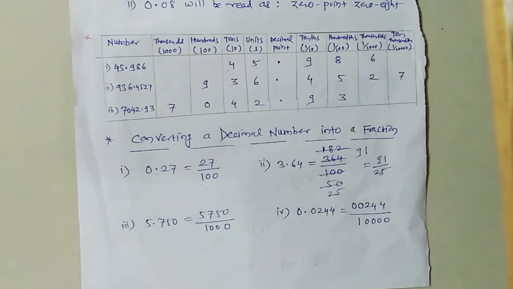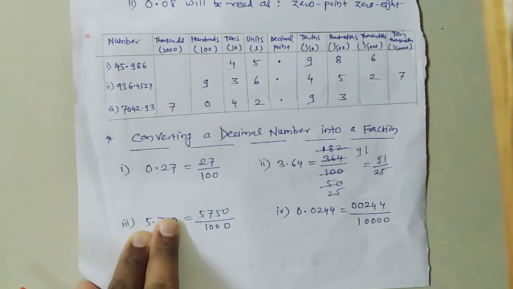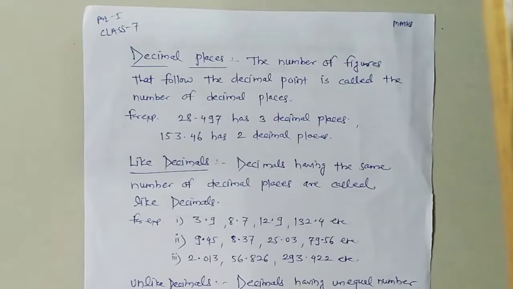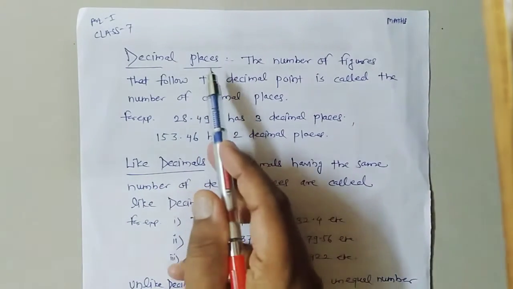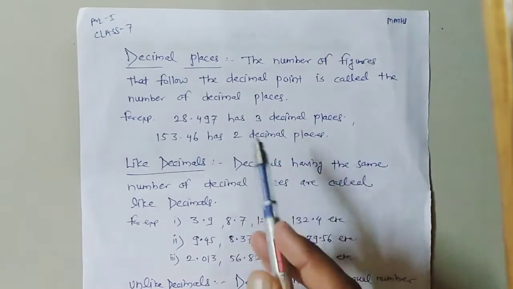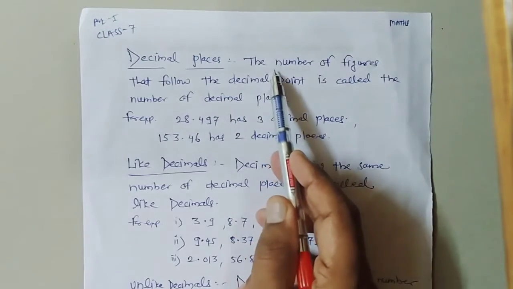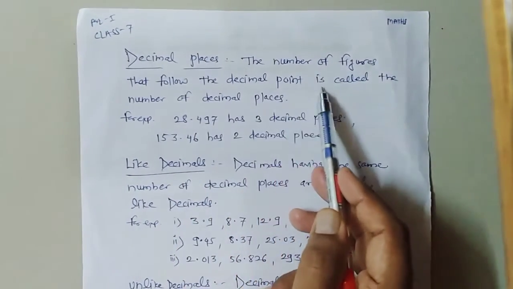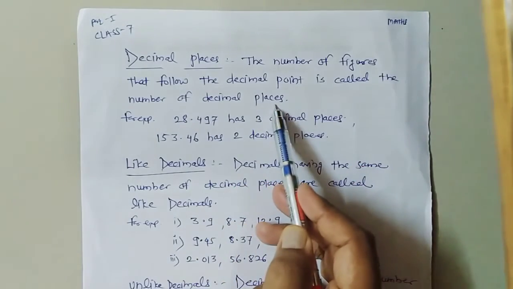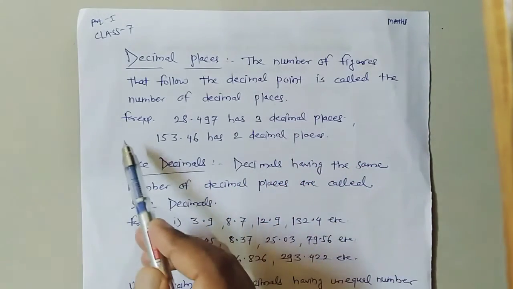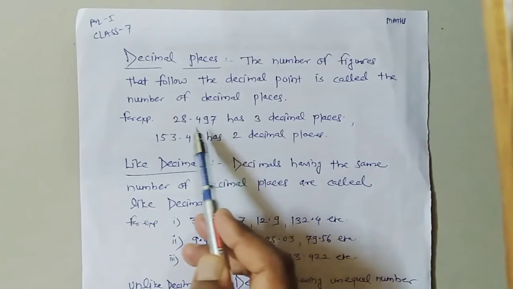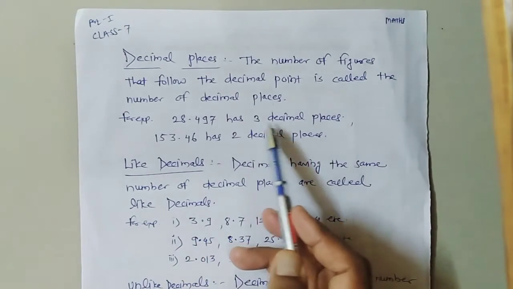Now we'll see the next definitions. First, decimal places. The number of figures that follow the decimal point is called the number of decimal places. For example, 28.497 has 3 decimal places.